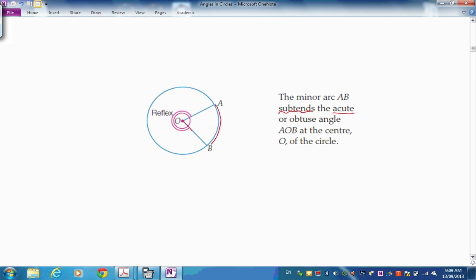The acute angle here is AOB, meaning less than 90. So this angle here is subtended by.